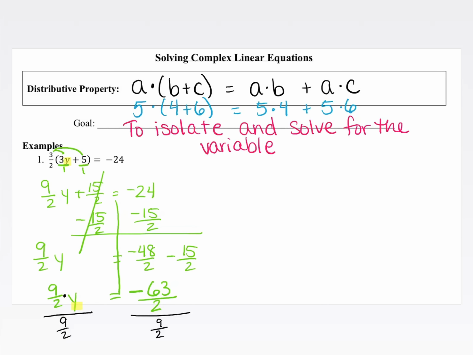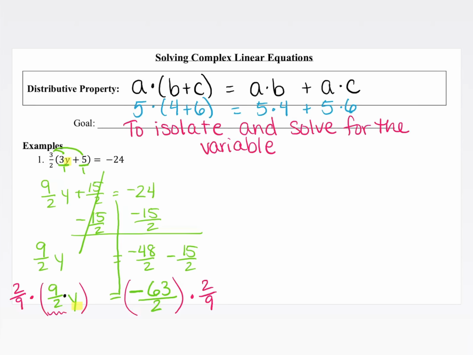However, dividing by a fraction can get a little funky. If we divide by a fraction, that is the exact same thing as multiplying by its reciprocal. So the reciprocal of 9/2 is 2/9, and what we do to one side, we have to do to the other side.